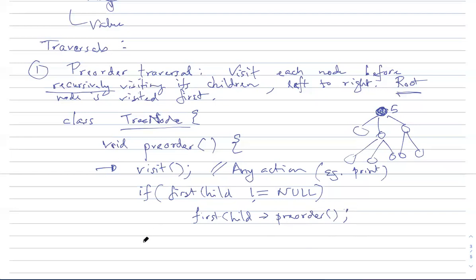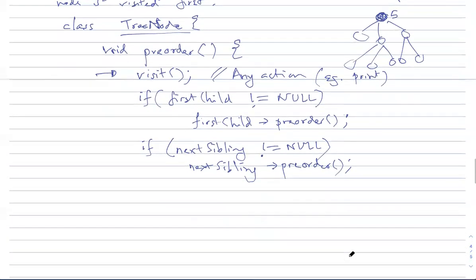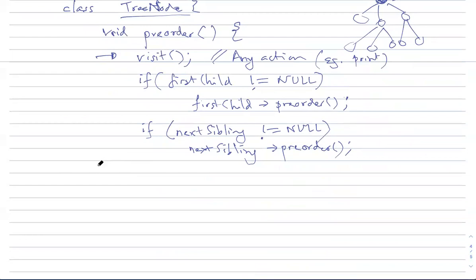And then after that, you visit all the sibling nodes. So if next sibling is not equal to null, then next sibling pre-order. Okay. And that's about it.